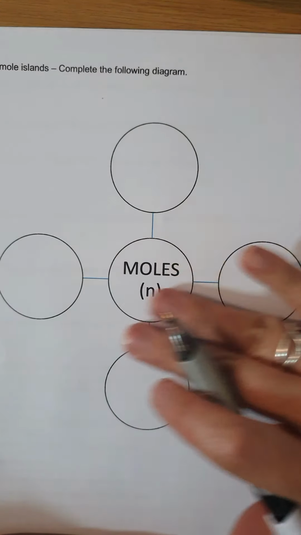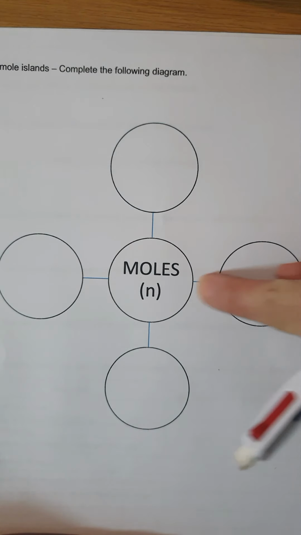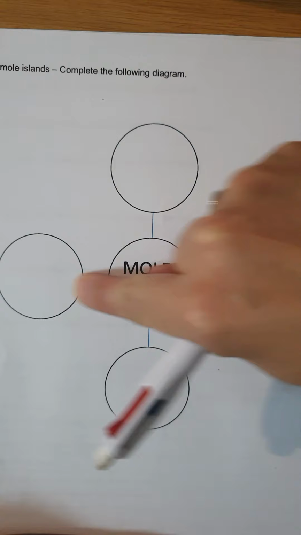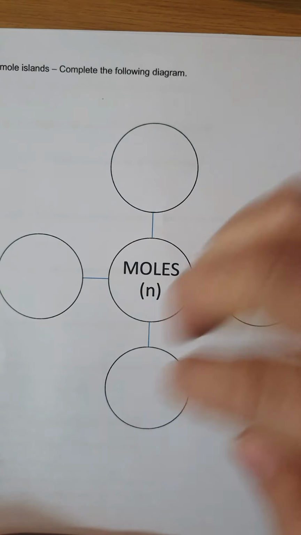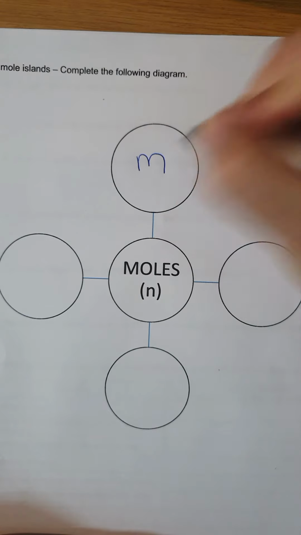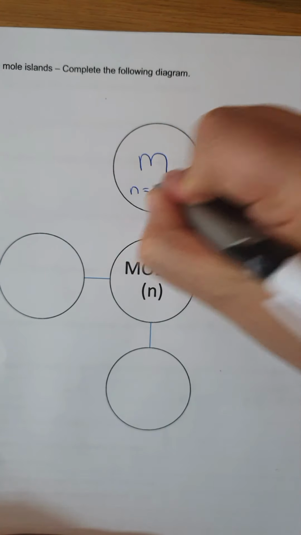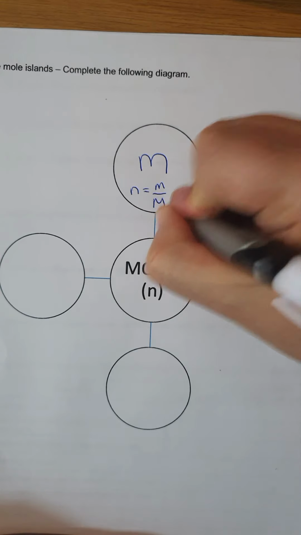So this is our moles in the middle. That means that we can go from any place as long as we go through the moles. So let's see, what was the first thing we could work out? We could work out mass, and we used number of moles is equal to mass over molar mass.